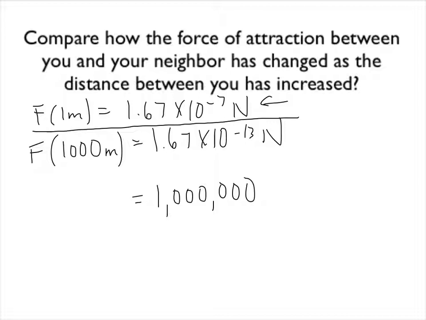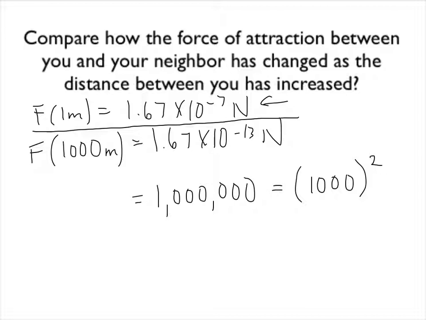So when you're 1 meter from your neighbor, the force of attraction between you is 1 million times stronger than if you're 1,000 meters apart. And this 1 million is actually equal to 1,000 squared. And that 1,000 was that distance that we increased between you and your neighbor. And so we can see that the force of gravitational attraction between any two masses decreases, just as we would expect, as the distance between them increases.